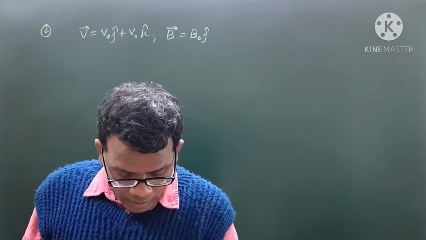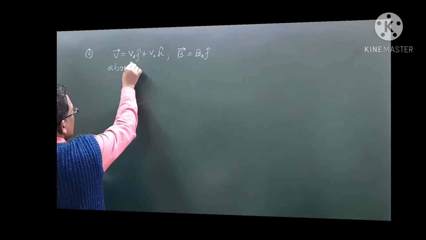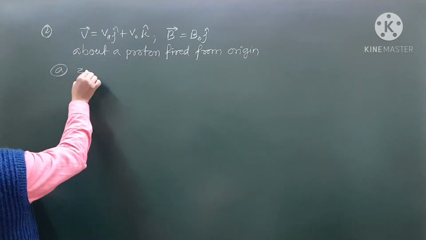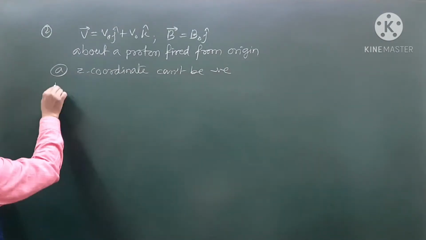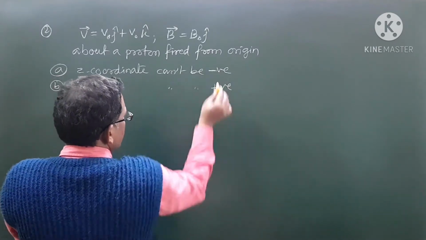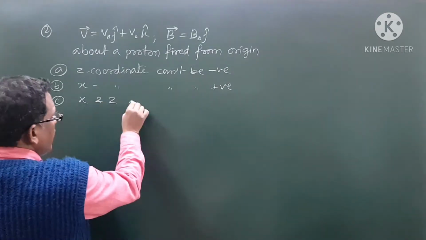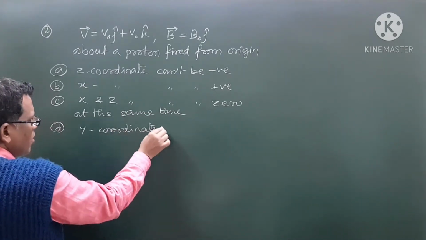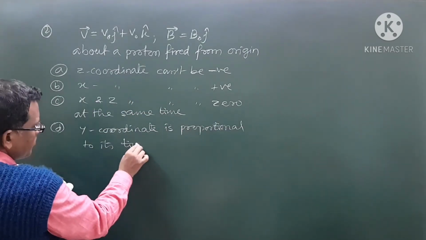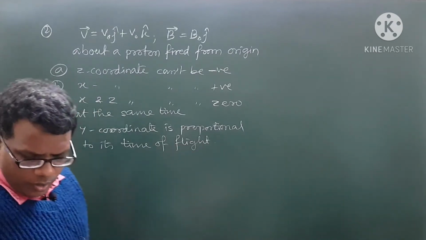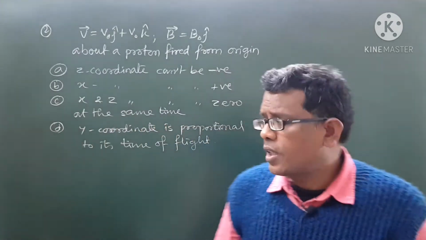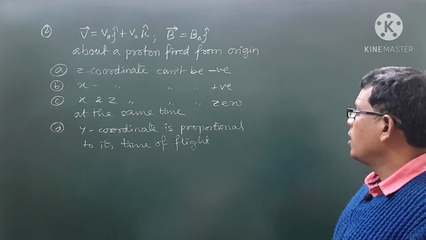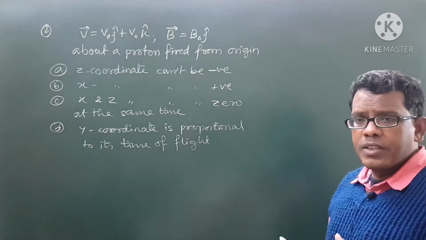Now there are 4 options given against the motion of the charged particle.